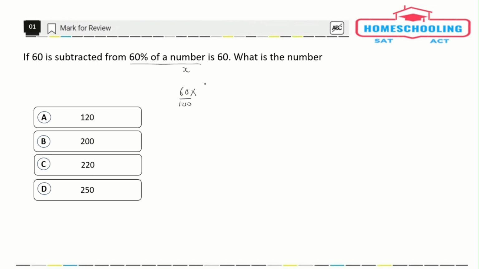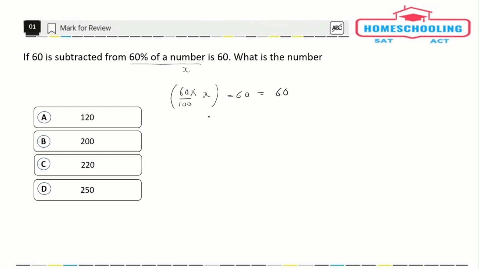Let's take the number as x. So in the question it is given that 60 is subtracted from 60% of a number. So we will subtract 60 from this, and it is equal to 60.